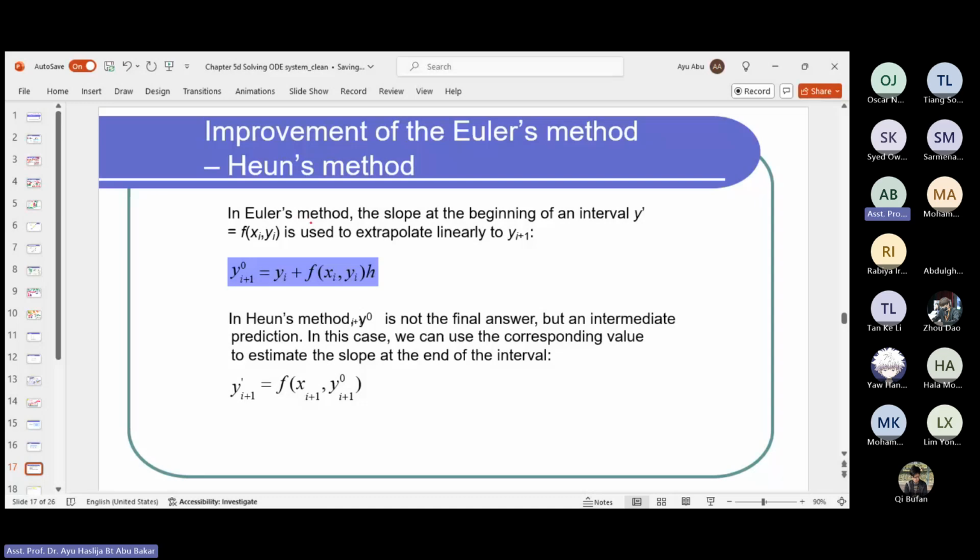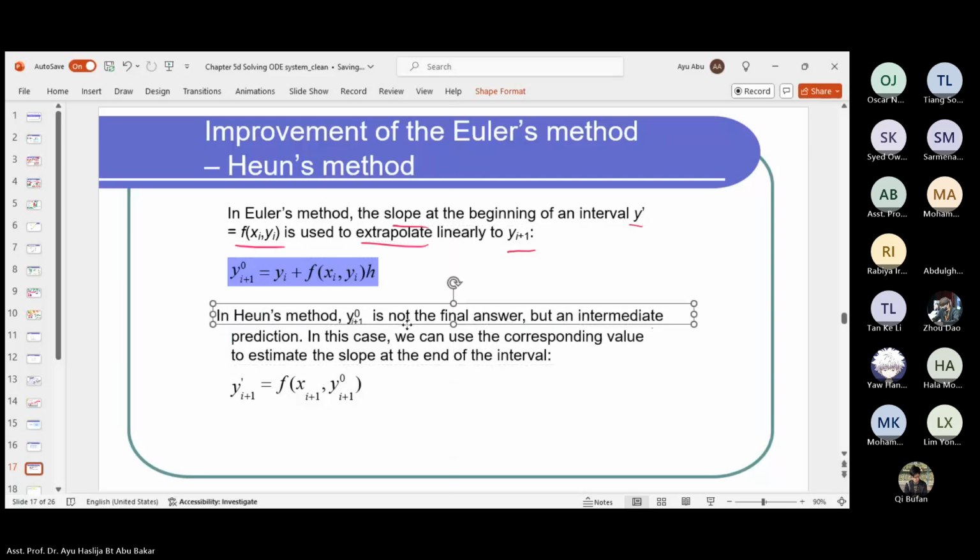In Euler's method, the slope at the beginning of an interval, dy dx, is used to extrapolate linearly to the yi plus 1. In Heun's method, the y is not yet the answer. This is from Euler's.